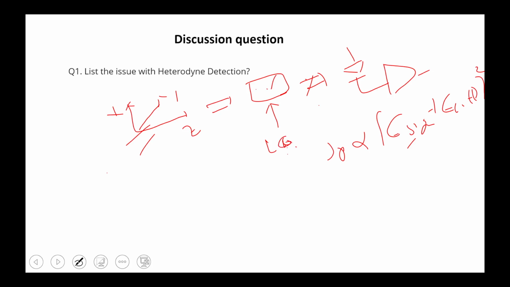It will generate some noise. We do not want thermal noise, shot noise, or any noise, so that it is less in our communication system.